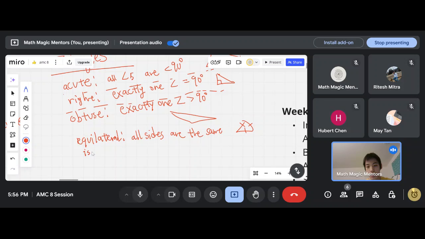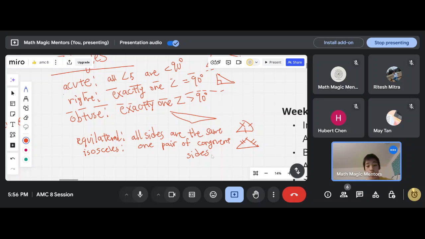We also have isosceles. So an isosceles triangle has one pair of congruent sides, which means that basically at least two of the sides are the same.